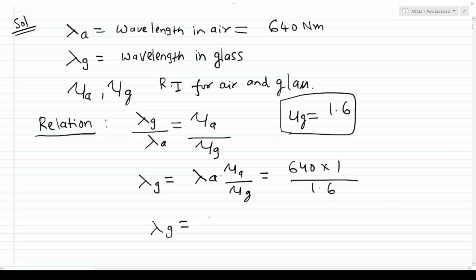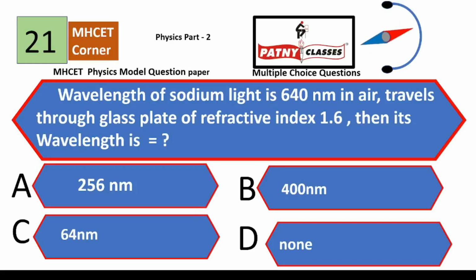Lambda G equals 400 nanometer. Therefore, the wavelength of light in glass is 400 nanometer. Option B is the correct option. Therefore, we lock option B.